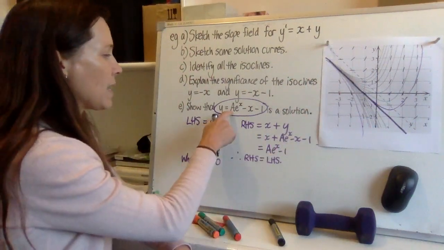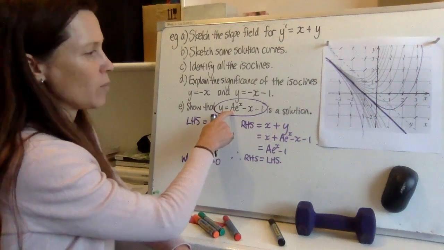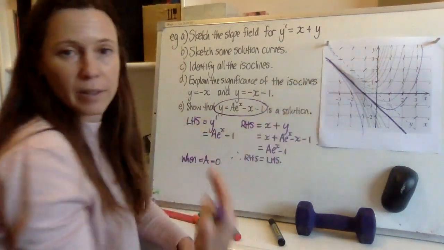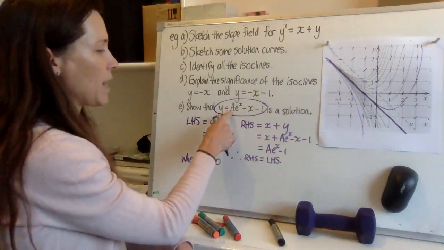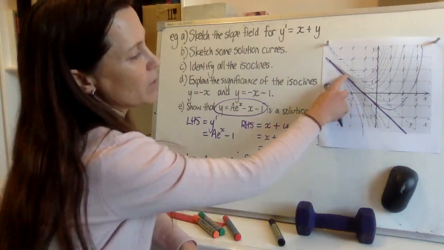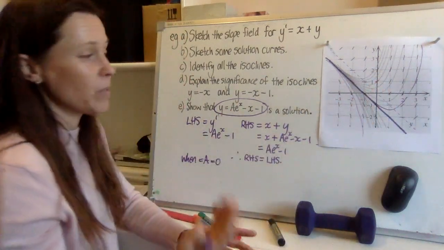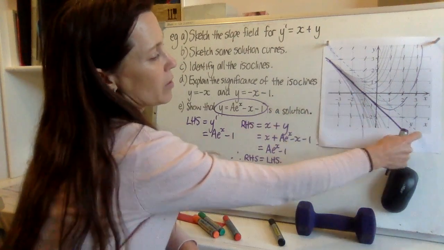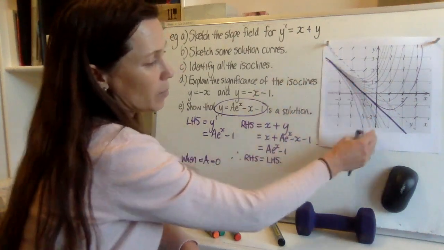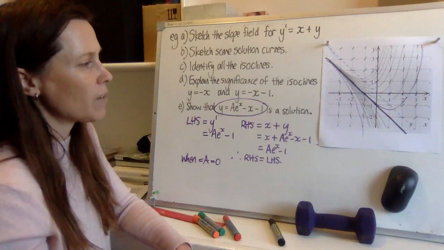Whereas when a is positive, we end up with solution curves that are above that asymptote, and when a is negative, they end up being below, and that really changes the nature of the curves. These ones that are above all have turning points that are sitting on this line, and the ones that are below are always concave down and don't ever have any turning points.